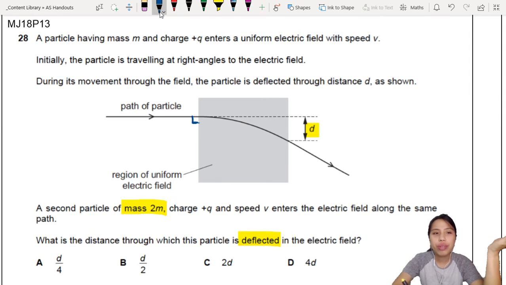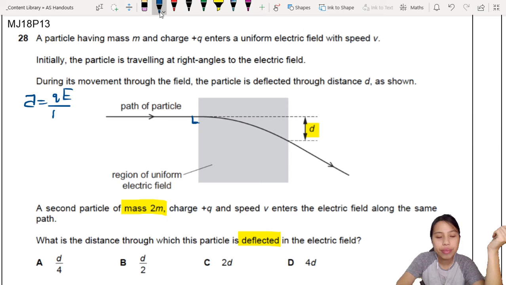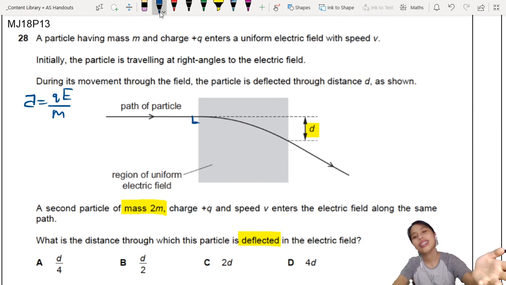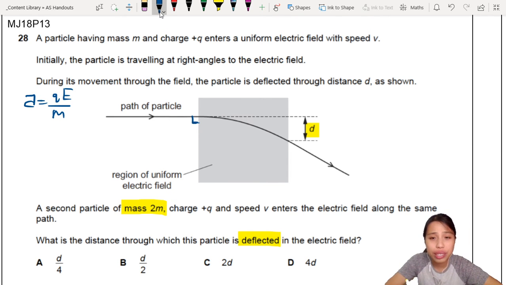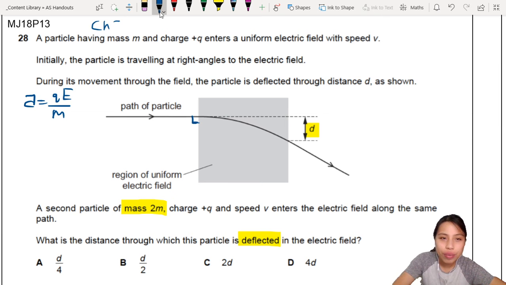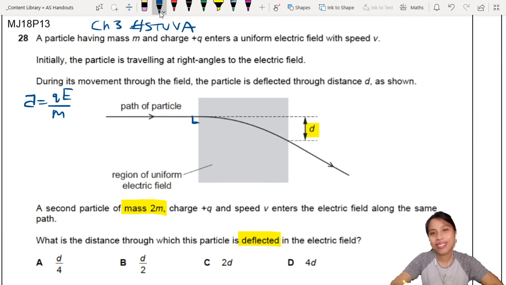Okay, so previously we said, oh, a is QE over m. But how can we even use that here? This has distance inside, or deflection. This is where, hint, you will need to use some ideas from kinematics, Chapter 3, SUVAT equations, to help us out a little bit.